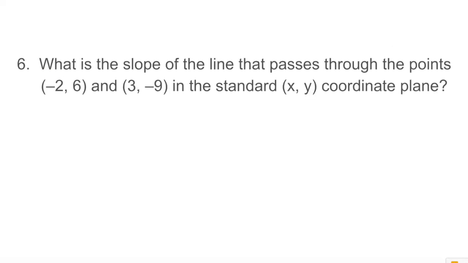Let's try another one like that. So find the slope of the line that contains these 2 points. Again, we'll call this point 1 and this point 2. And let's see, the slope, let's rewrite that equation again. It's y1 minus y2 over x1 minus x2.